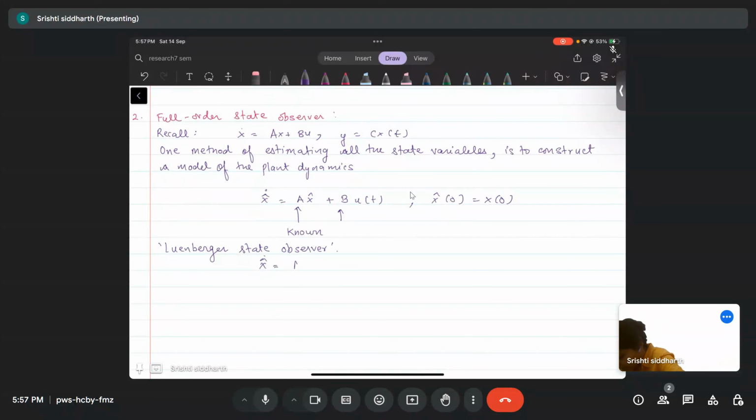So we have A x hat plus Bu, and let's write down the time arguments as well. y is computed from the original states and y hat from the estimated states.